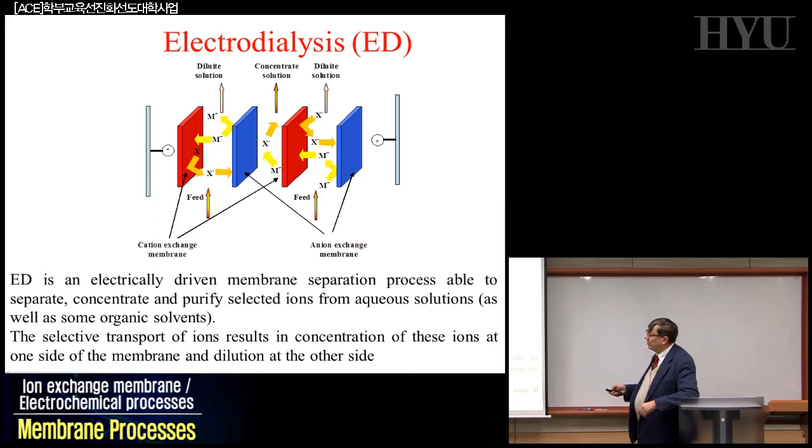So it's moving to this compartment here. The chlorine, negative charge, will be attracted to the positive electrode. So you have a migration phenomenon for which one species is moving in one direction and the other species, with the other charge, in the other direction. So we are removing positive ions and negative ions in this compartment.